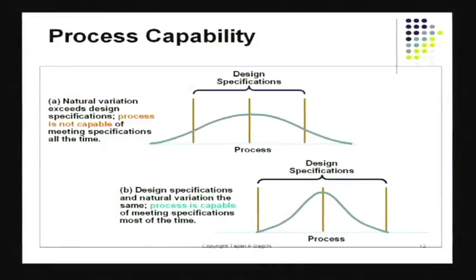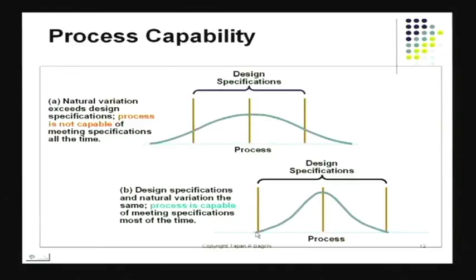Again, look at the idea of process capability. What are my design specifications? Design specifications are basically determined by what the customer requires. So I've got my upper specification limit there and lower specification limit there. If the process is not capable of meeting these requirements, I'll have some of these tails that would be beyond the specification limits.